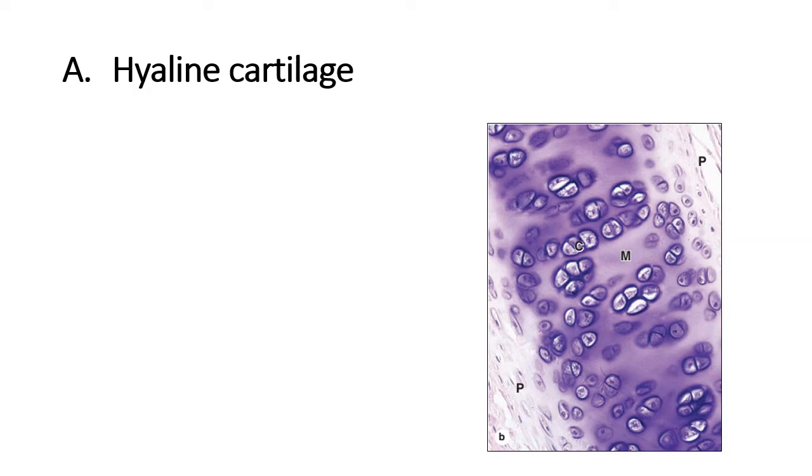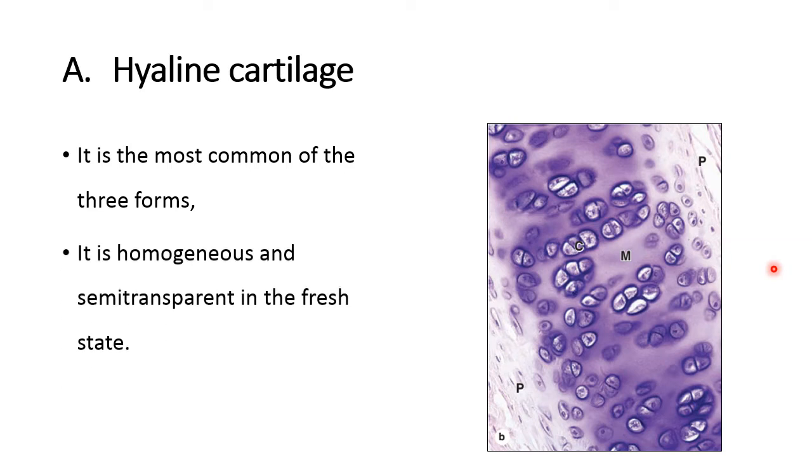The first type of cartilage is the hyaline cartilage. It is the most common of the three forms and is homogeneous and semi-transparent in the fresh state.